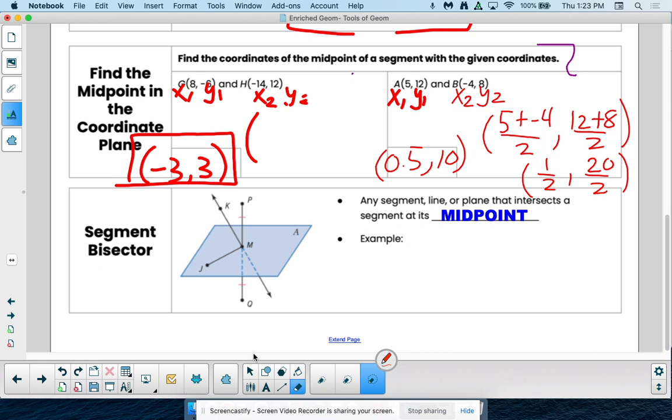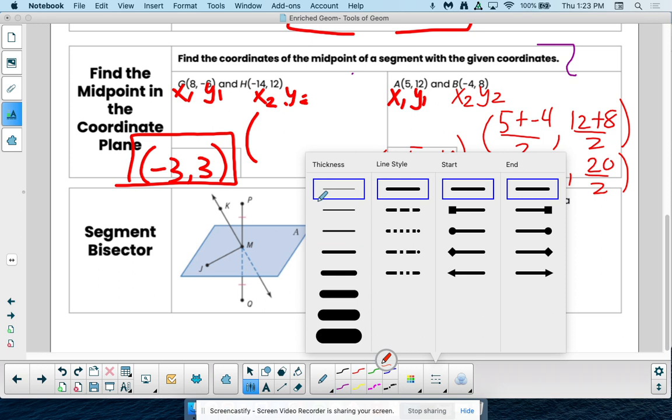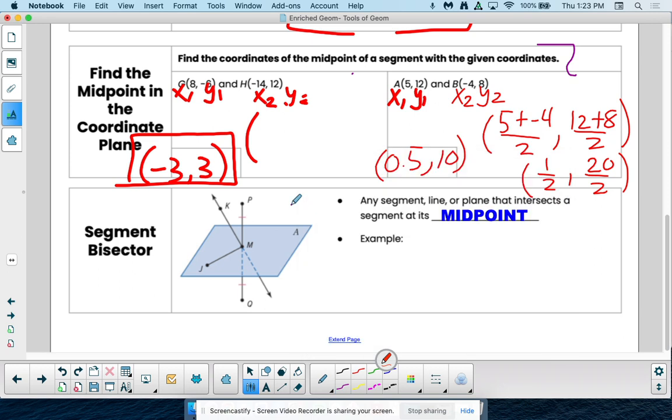See if you can list them, and then we'll go through them. What's going through the midpoint of segment PQ?